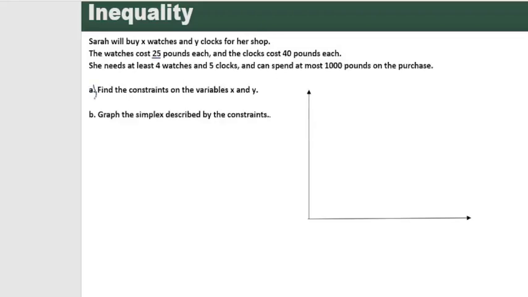Part A says find the constraints on the variables x and y. So I take watches as x and clocks as y. x should be at least 4, so x should be more than or equal to 4.